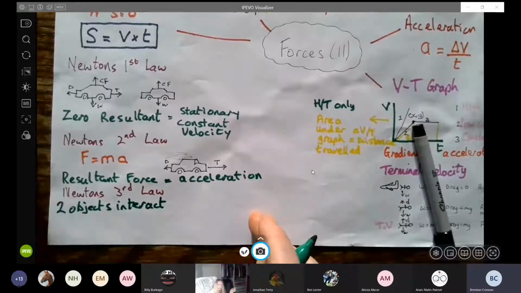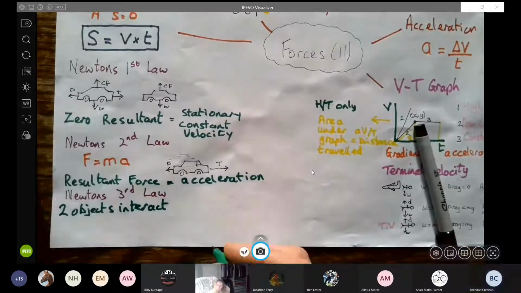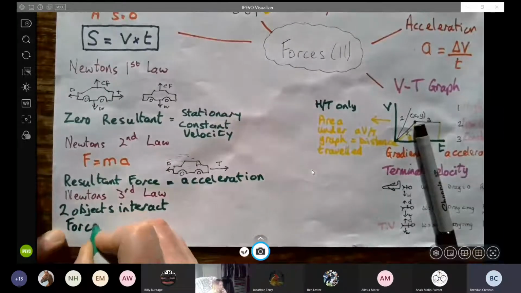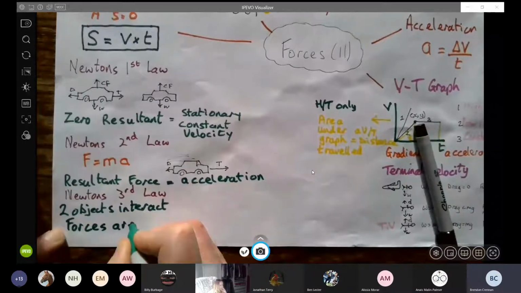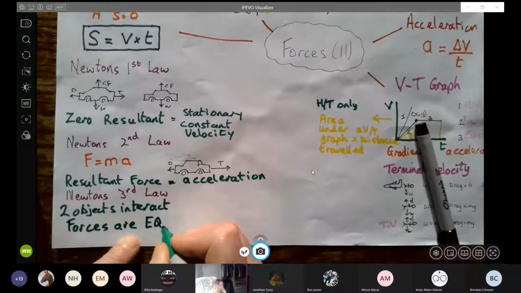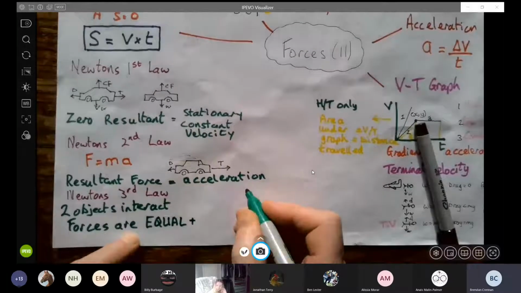Whenever two objects interact, so that's you pushing against the wall, kicking a football, an apple landing on your head, then the forces are equal and opposite.